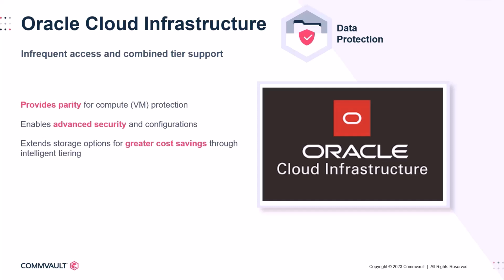This lets us provide parity for compute protection, enables advanced security and configurations, and also extends storage options for greater cost savings through intelligent tiering. OCI continues to be a differentiator as most competitors can only use it as a storage target. This new tiering just widens the gap for us.